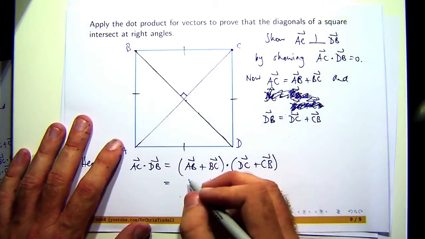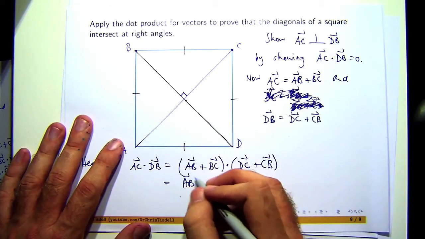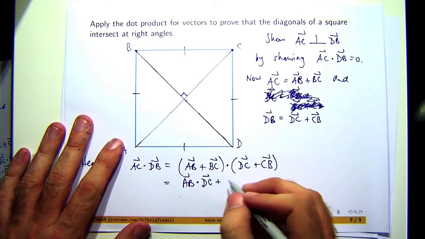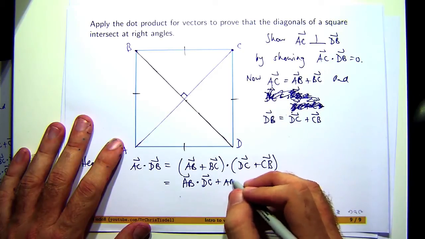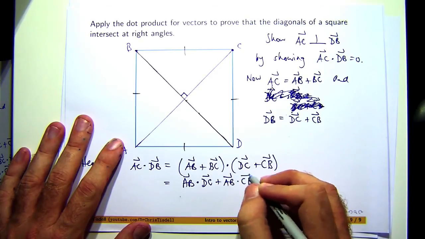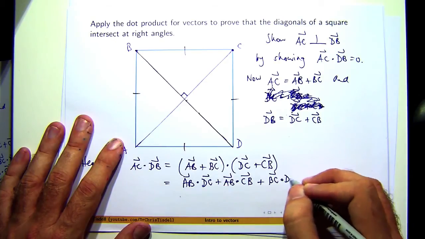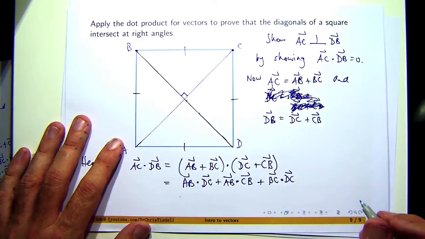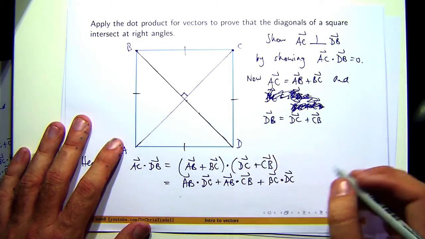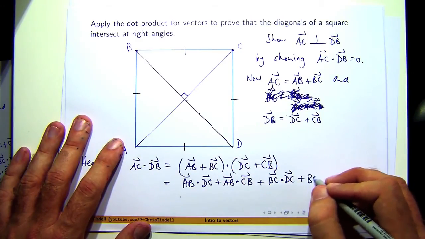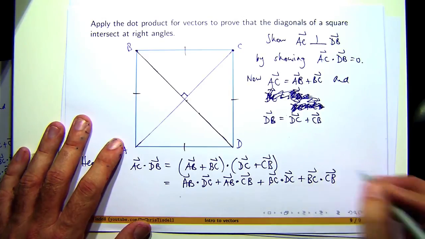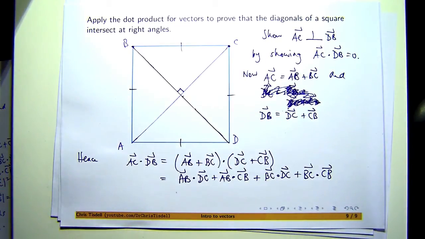So AB dotted with DC, plus AB dotted with CB, plus BC dotted with DC, plus BC dotted with CB. It looks like we've actually made the problem more complicated, but now we can use some of the properties of the square to simplify this mess.